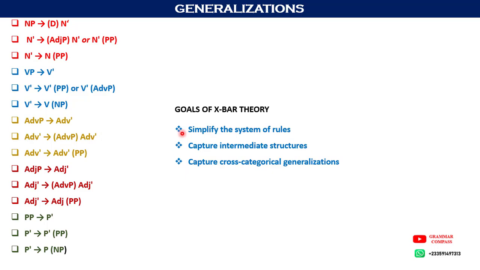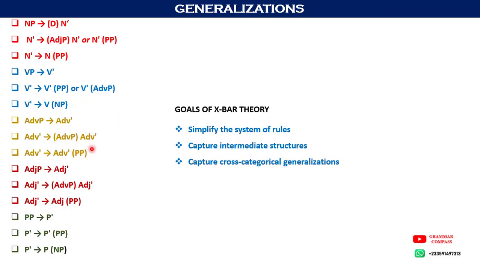So what is the goal of X-bar theory? First of all, we are trying to simplify the system of rules. So right now, I hope you are gradually getting the meaning of these rules that we have developed. We know that the first of every rule is the specifier rule. The second is the adjunct rule, which is iterative. It is recurring. It can occur as many times as we want.